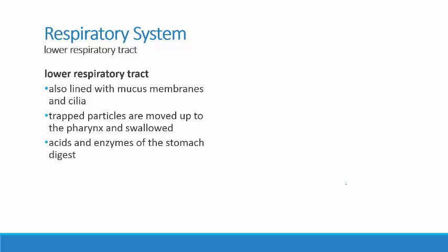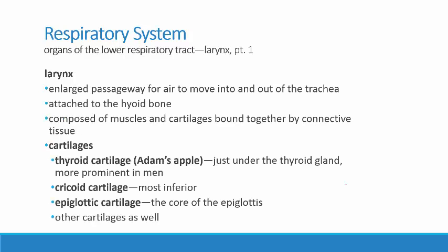The particles that are trapped in the pharynx are moved upward to be swallowed into the stomach and dealt with by the acids and the enzymes of the stomach. So similar setup, just rather than moving materials downward, this time this ciliary elevator brings particles up out of the lungs to be then swallowed down into the stomach.